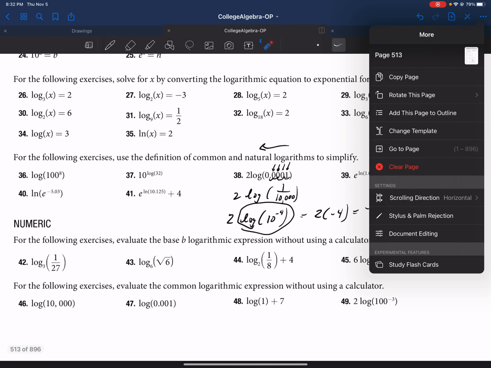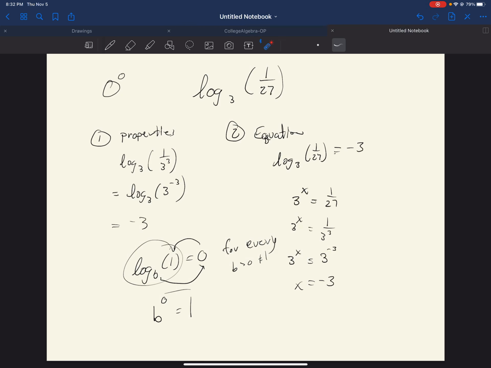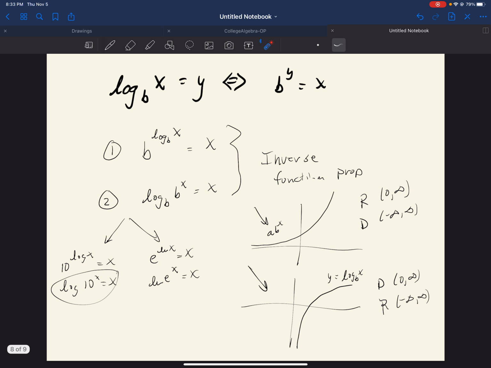They are all fairly simple. Don't make them more than they need to be. Please remember that a logarithm is nothing more than asking, if it really is y, what power would you raise b to in order to get x.